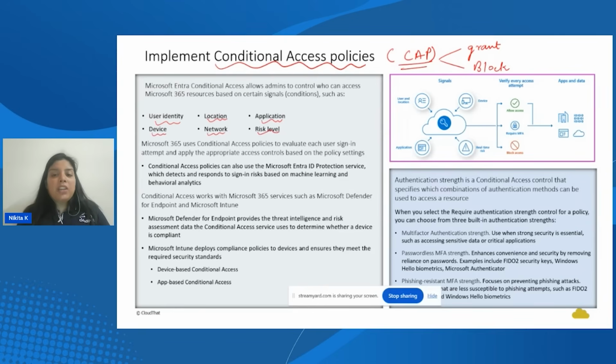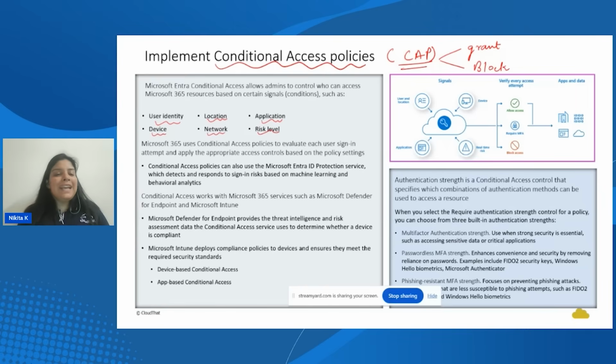You can restrict or allow your users. Let's say the people who are residing in the USA will not have access to my Copilot, or the people who are using macOS devices should not have access to my Copilot. You can easily do that.